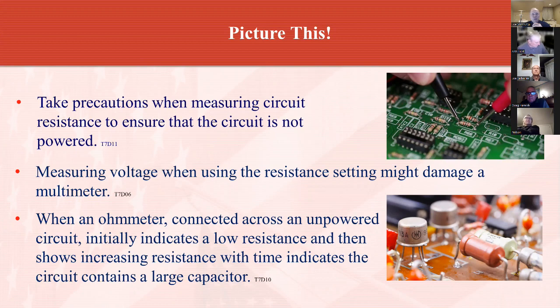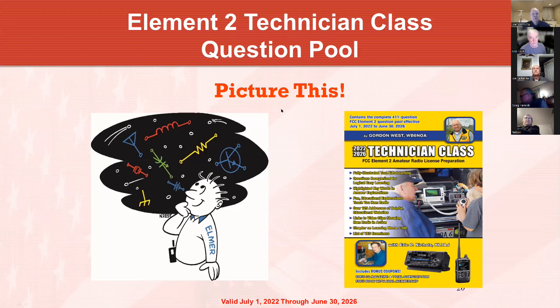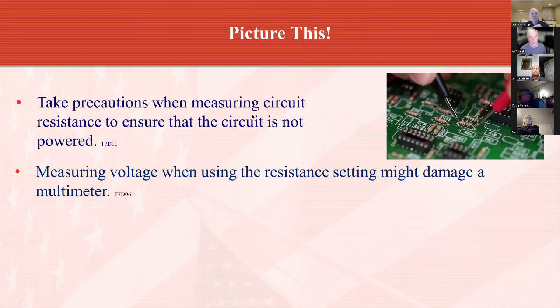And the ohmmeter is intending to just detect a small amount of change. So if you have something that is powered and has a higher voltage, it could damage the circuits within the multimeter. Oh, okay. Gotcha.